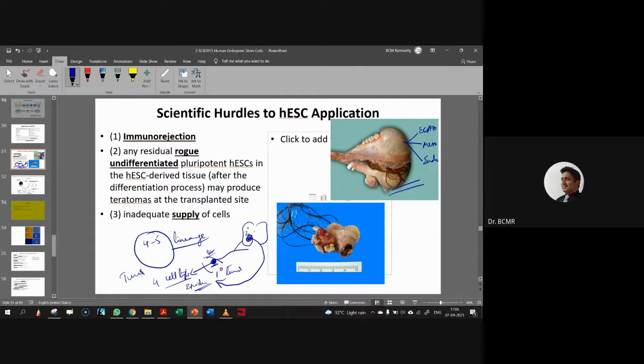Because they have the potential to give rise to almost like a human body within a human body. So these tumors have arisen from germplasm. Something like embryonic stem cells also have that potential, right? Pluripotent.